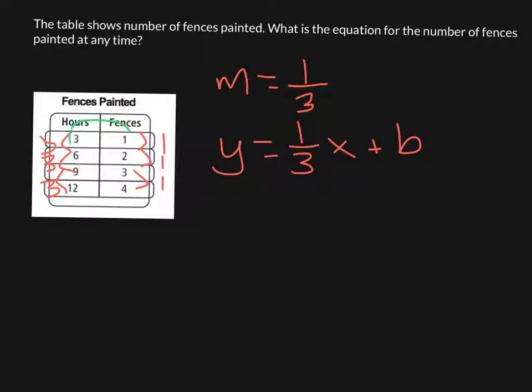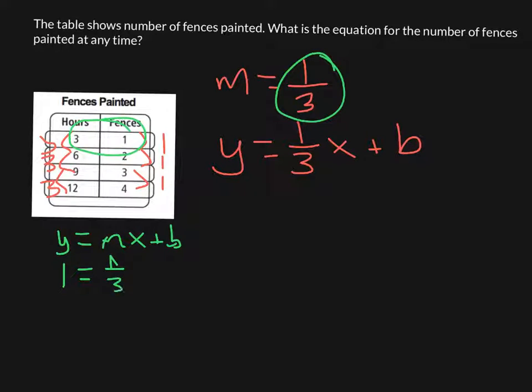I'm picking a point. y equals mx plus b. I'm going to plug in what I know. My y value is fences, so we got 1 equals, my m is 1/3, my x is the time, of course, so 3.